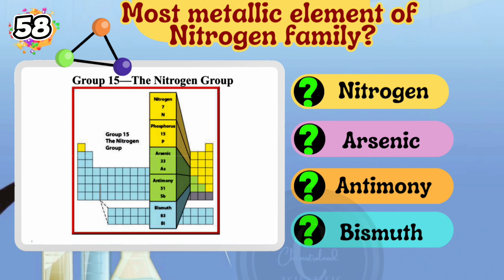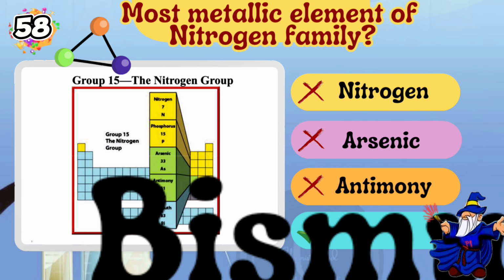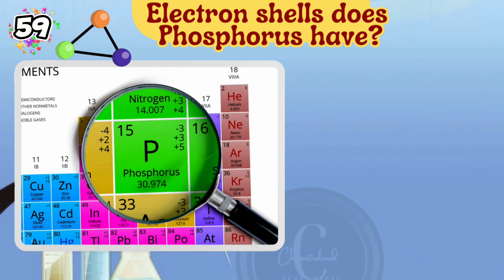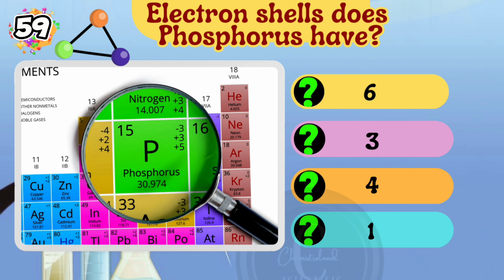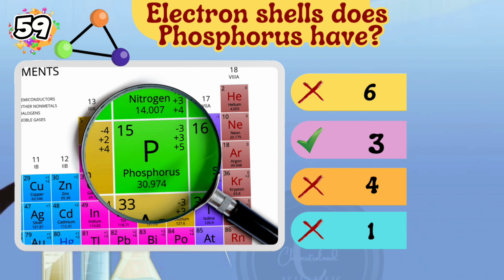Most metallic element of nitrogen family is... bismuth. How many electron shells does phosphorus have? Three electron shells.